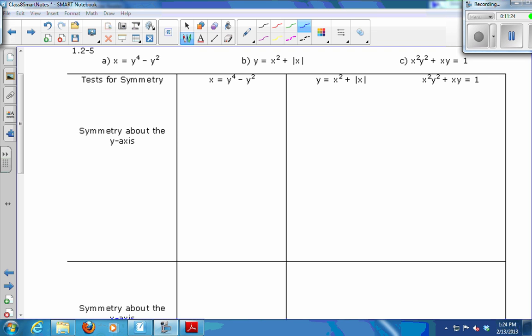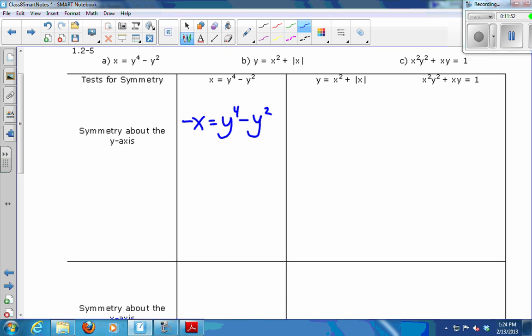All right, so we'll look at this first equation, x equals y to the 4th minus y squared. We want to test for symmetry about the y-axis, which means replace x with negative x. So this becomes negative x equals y to the 4th minus y squared. Right now, it does not look like the original equation, right? Is there any legal equation manipulation I can do to make it look like the original?